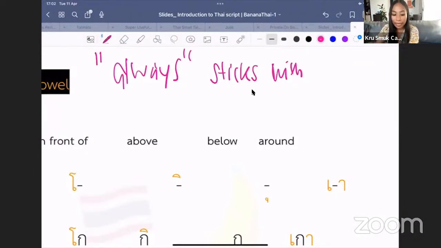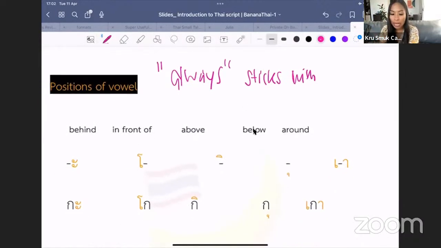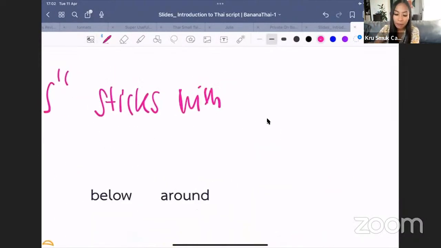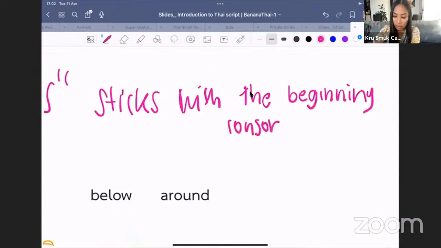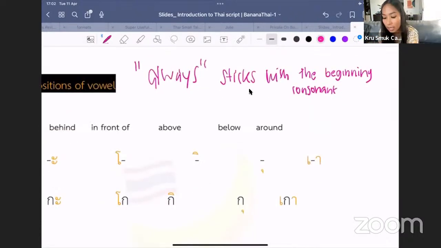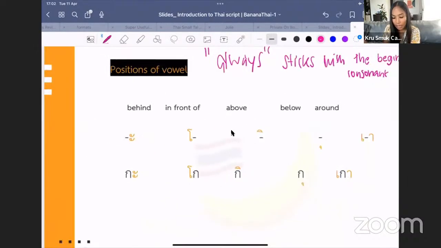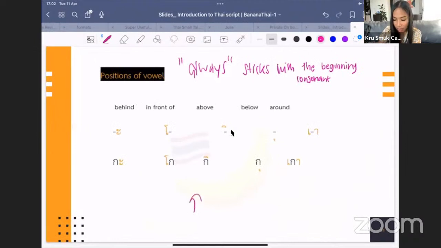Sorry, that's not my handwriting because I'm writing on my hand like this. So it always sticks with the beginning consonant. For example, here, sara a always sticks with the beginning consonant.